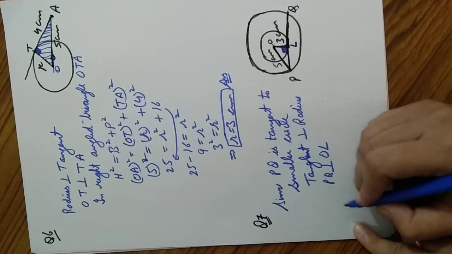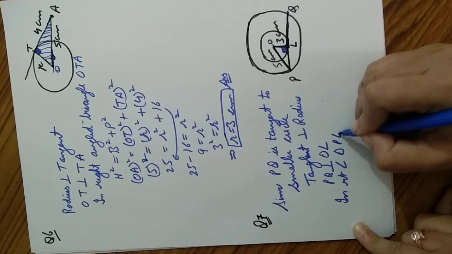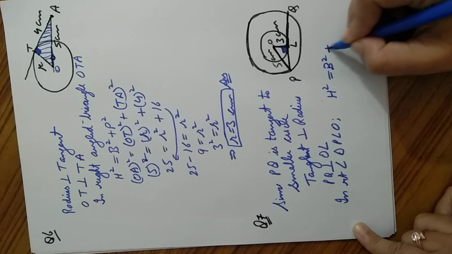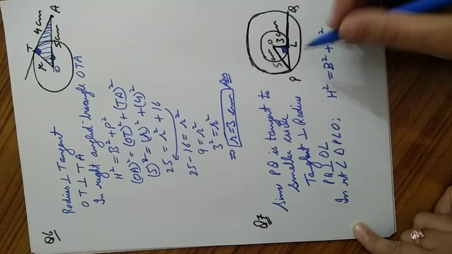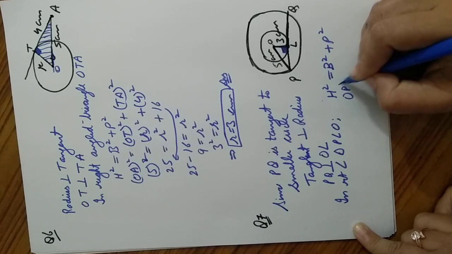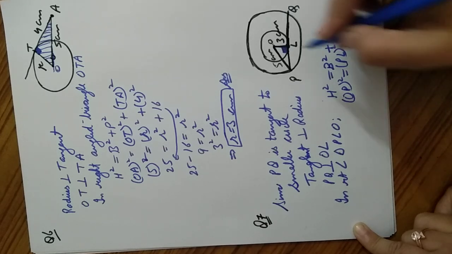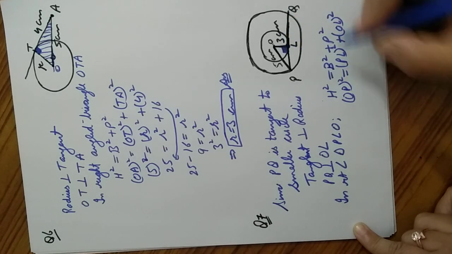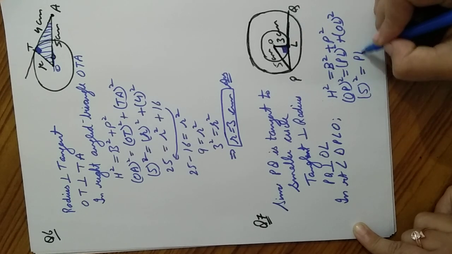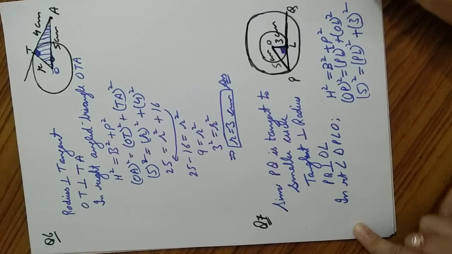So if it's a right angle triangle, then we can apply Pythagoras theorem also. In right angle triangle PLO we will have hypotenuse square is equal to base square plus perpendicular square. The side which is opposite to 90 degrees is the hypotenuse, which is OP, and let us take base PL and radius OL. What is OP? OP is given to us 5 square. PL, we don't know its value, so we'll write here PL square. And OL is given to us 3 square.